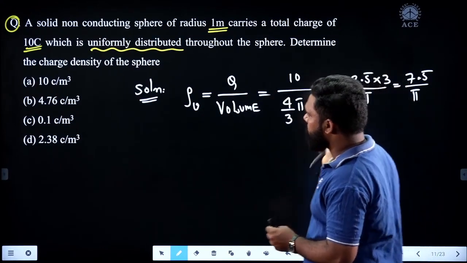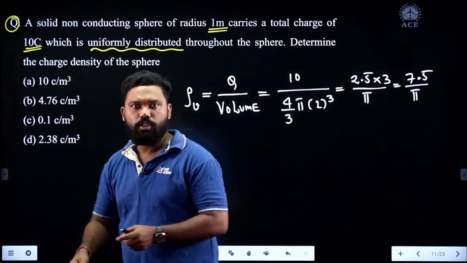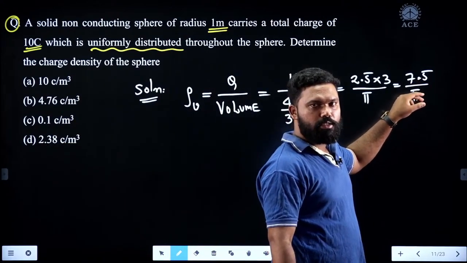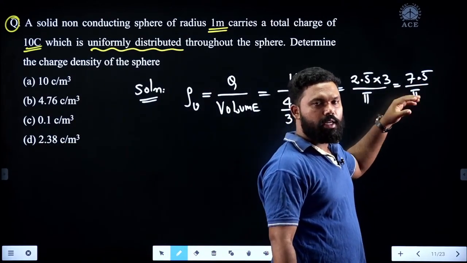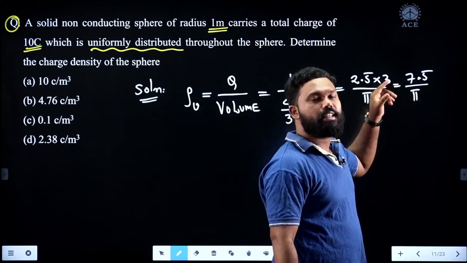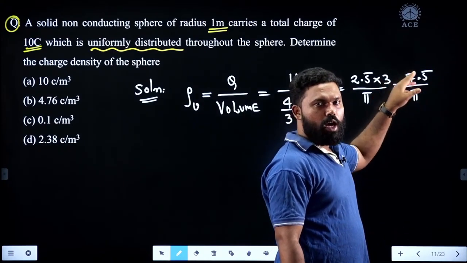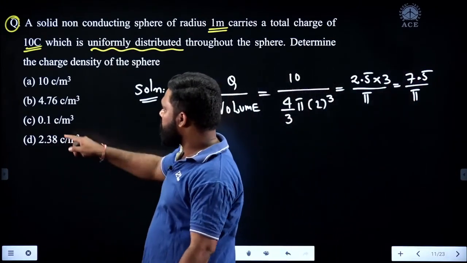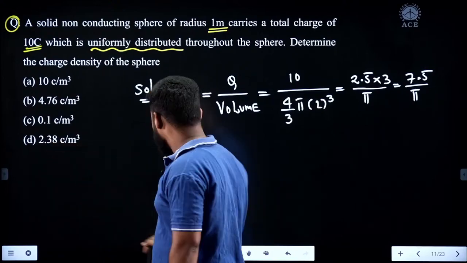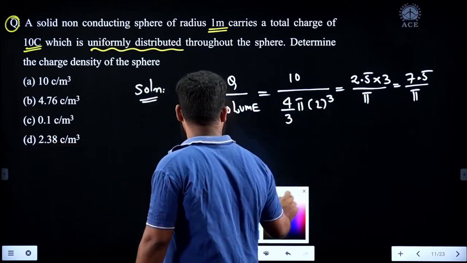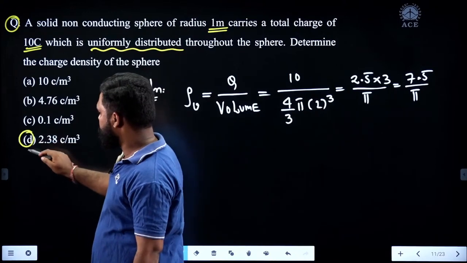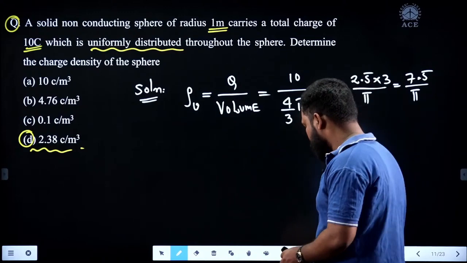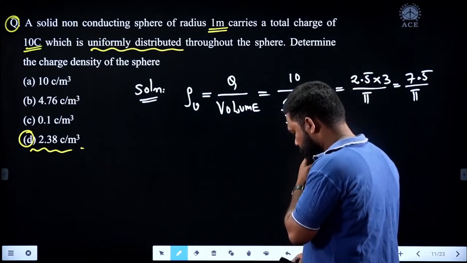So anyhow, without any calculator you can answer the question. 7.5 divided by 3, how much is this? 2.5. This pi is not exactly 3, it is greater than 3, 3.14. So the answer should be less than 2.5, in and around 2.5. So option D is the answer. That is how you can answer these. Good, very good.